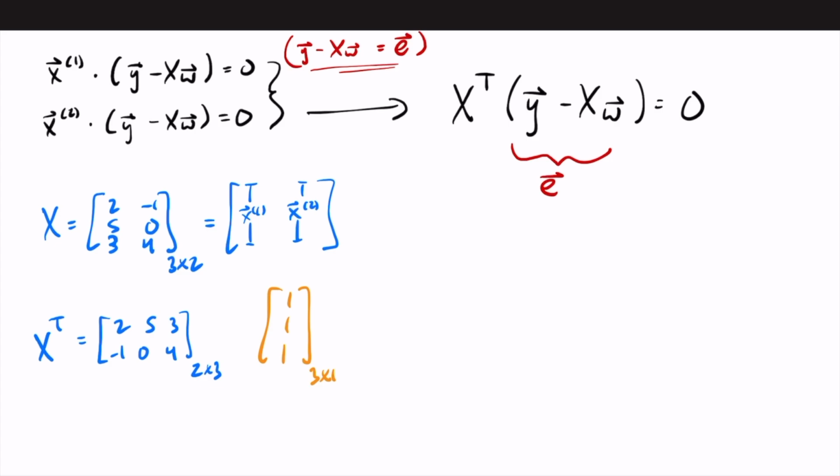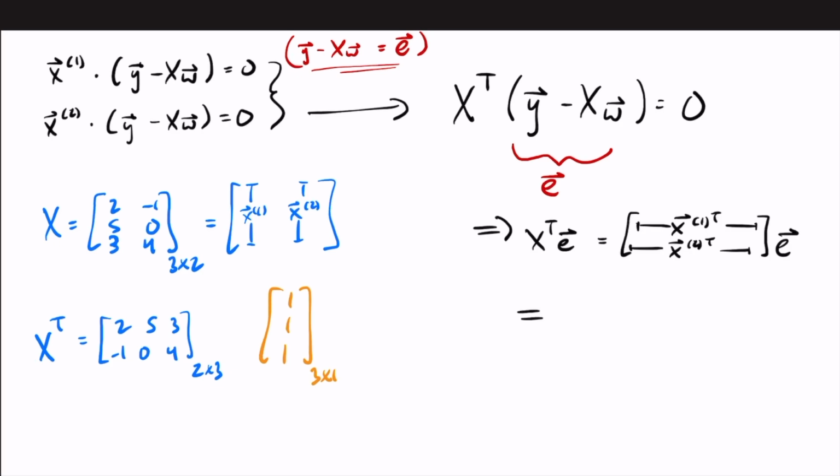So this is going to go further down into x transpose with our e, and remember this is x transpose times our e vector, and that's going to wind up equaling our x vector 1 transpose e, x2 transpose e.